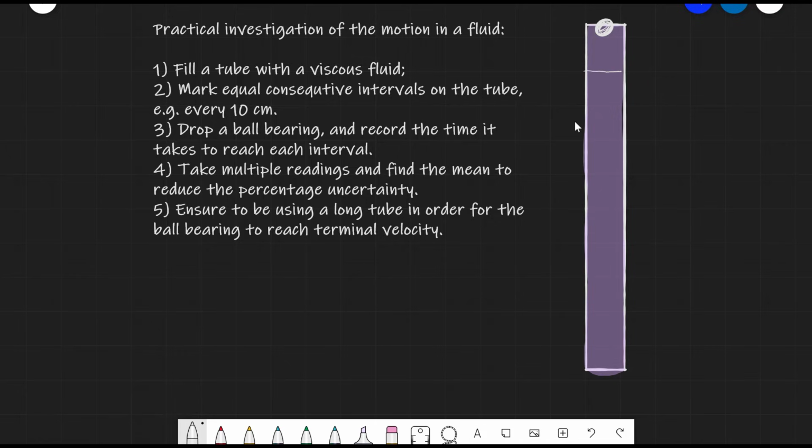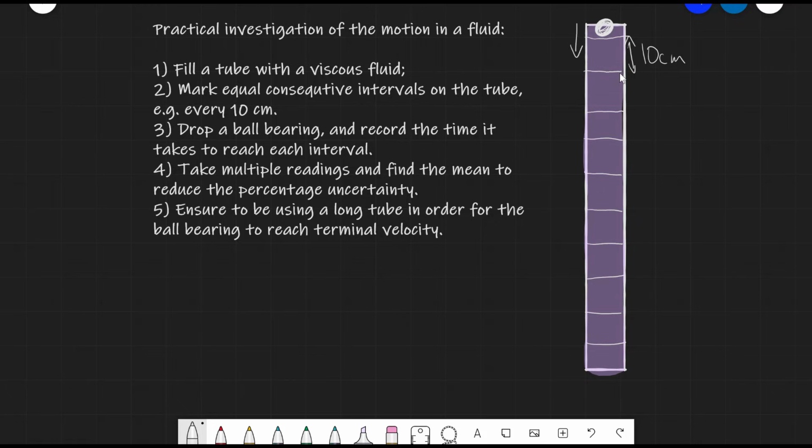For instance, every 10 centimeters. So every 10 centimeters, we could draw a little line like so, approximately like so, and each of those distances is 10 centimeters. Then we're going to drop the ball bearing, and we're going to record the time it takes to reach each interval.